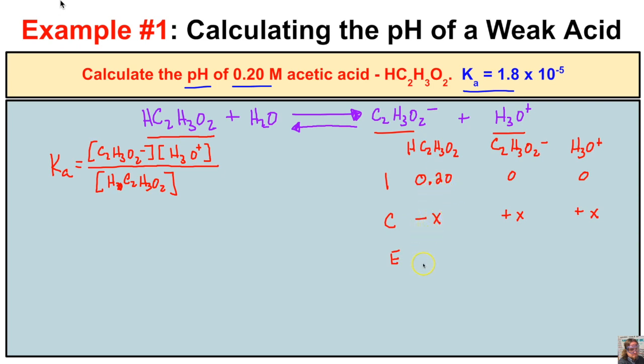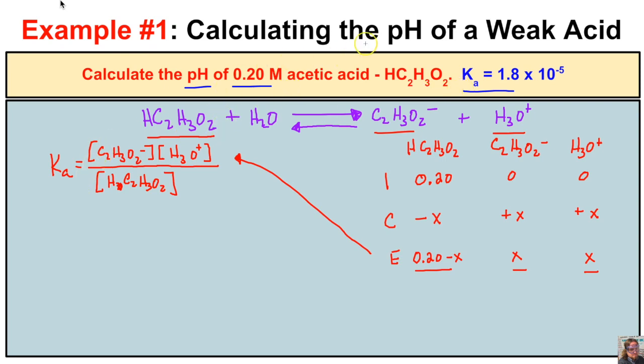Well, we can just add these two together. We'll take 0.20 minus X. This will just be X, and this will just be X. We now know our values for our equilibrium expression that we can place right in here. So let's go ahead and do that.